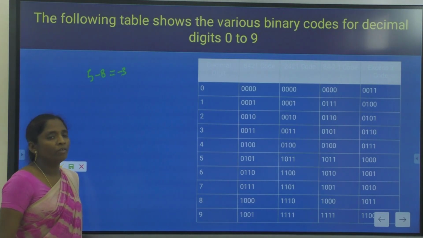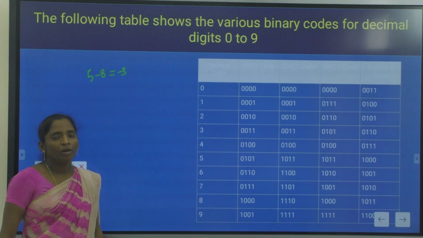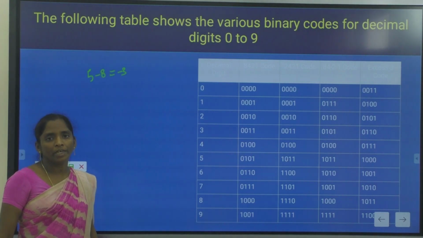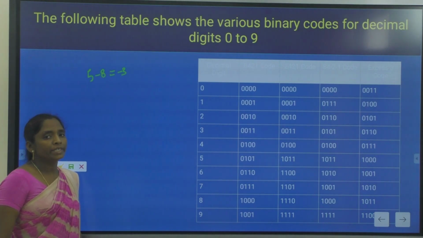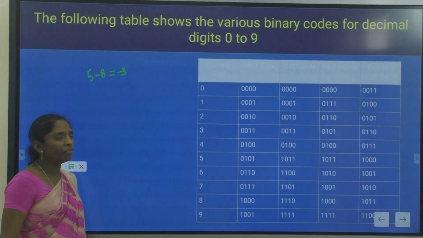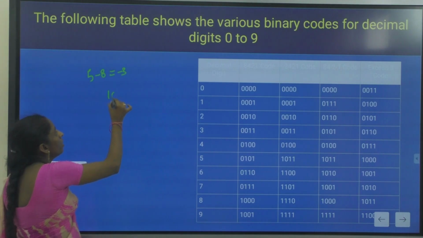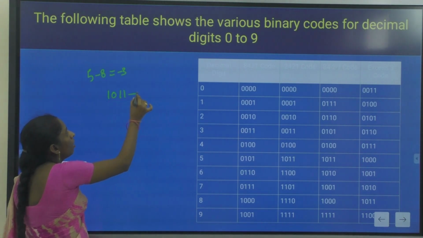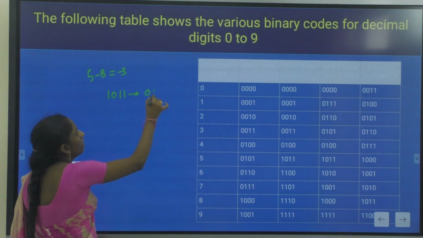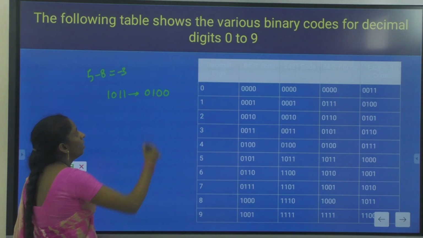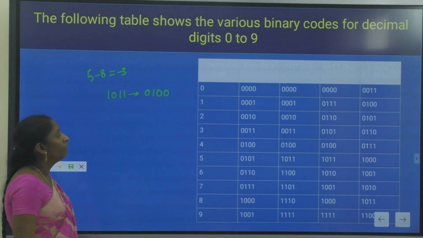So first find the complement of 8. To get the complement of 8, first write the excess 3 for 8. Excess 3 for 8 is 1011 and complement of 1011 is 0100.